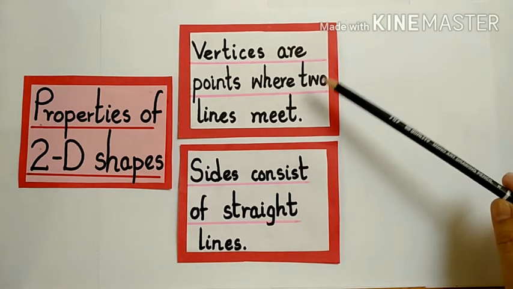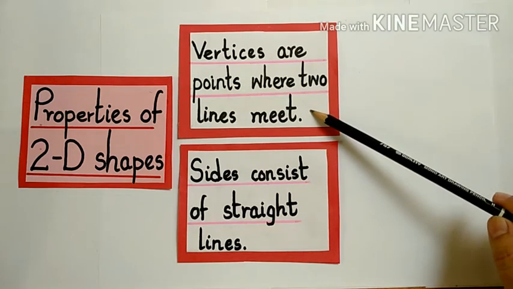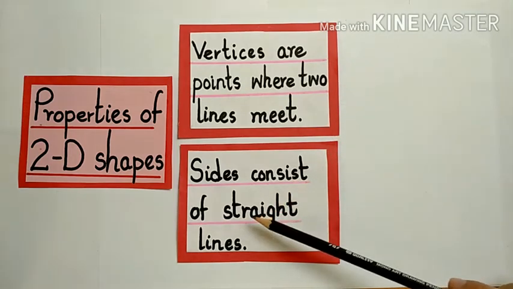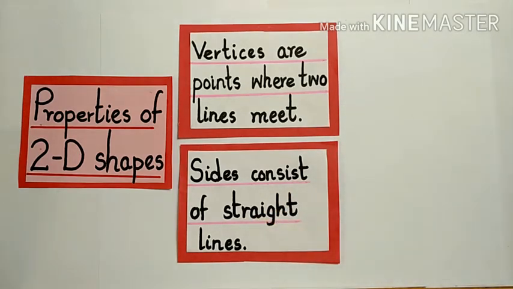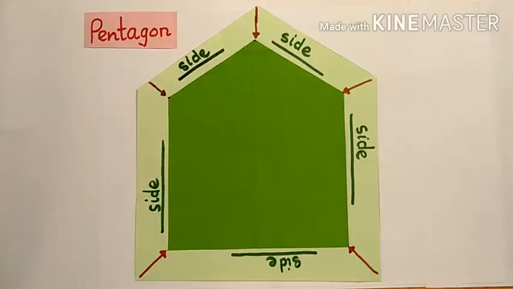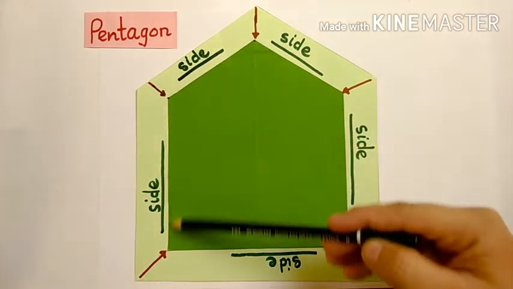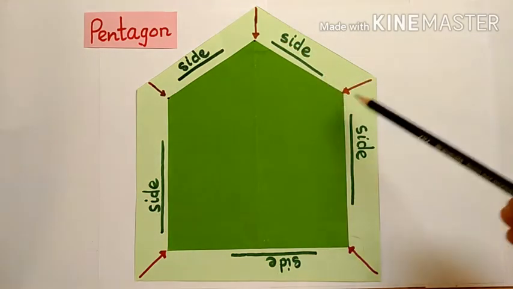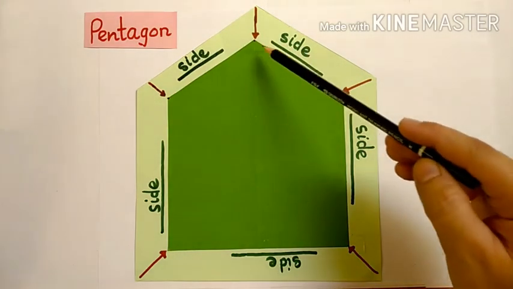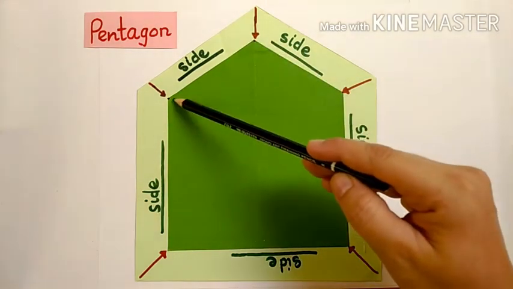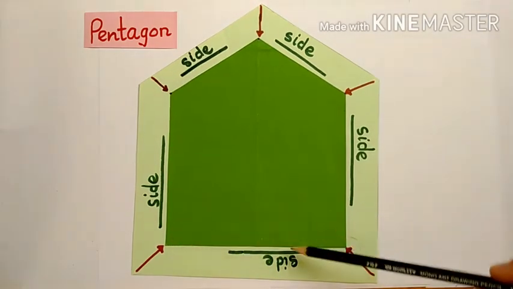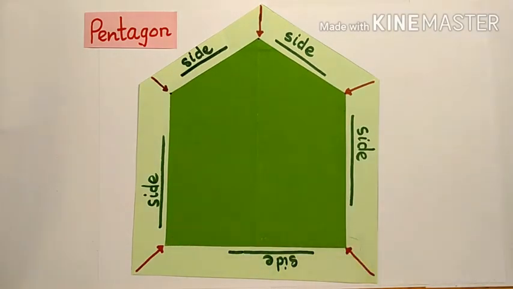Vertices are points where two lines meet, and sides consist of straight lines. Let me show you. I have a shape here and it is called a pentagon. These are its sides, and these points where two lines meet are called vertices.